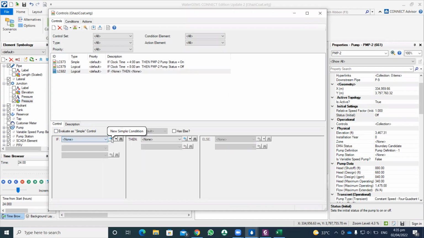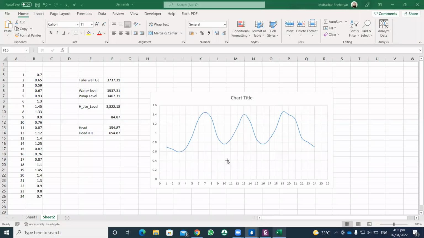Now again I will create another condition for the pump, a new simple condition, clock time equals to. From here you can observe that at about 11 a.m. the demand starts to increase again.